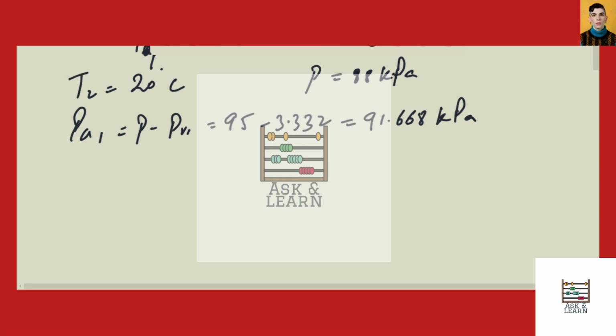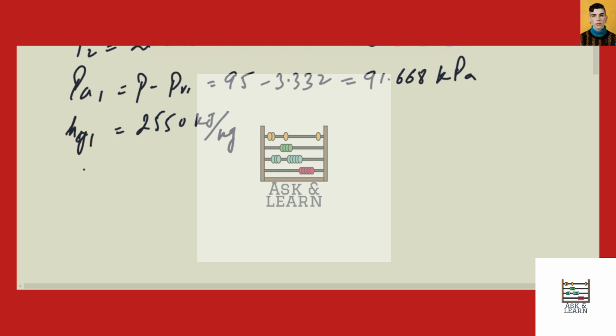Now we will also need the absolute humidity W1, enthalpy H1, and the specific volume V1 for the calculation. We will use the given temperature T1 and the pressures P1, PV1 and PA1. We will also need the enthalpy of saturated vapor, Hg1, which is equal to 2550 kilojoules per kg.